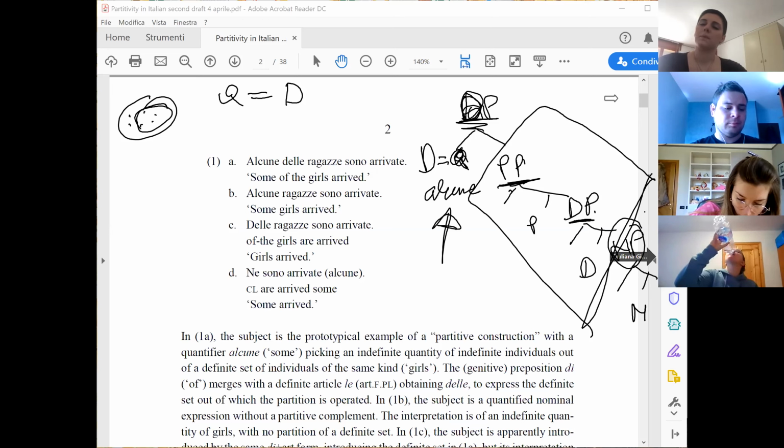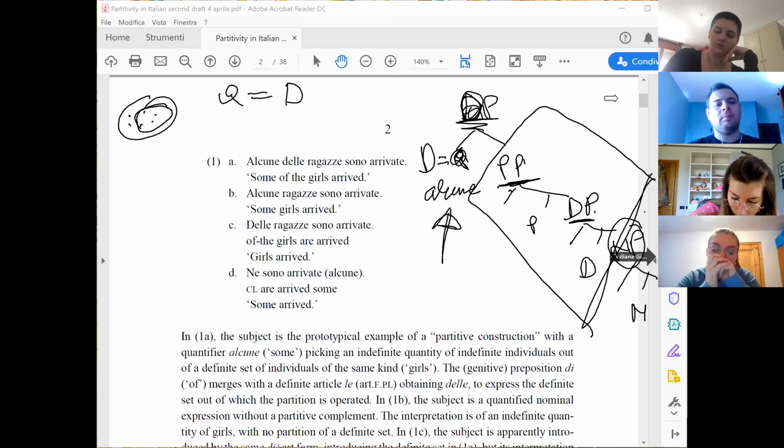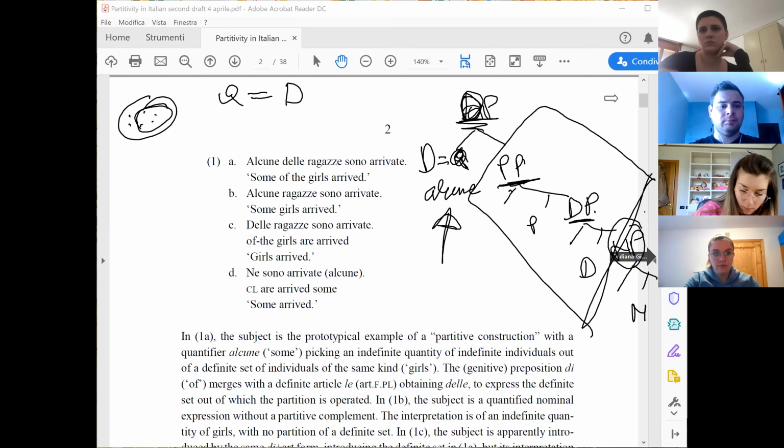And so in 1B, it seems that there is a simple structure with a determiner just taking the noun phrase, and this can be extended to 1A by just saying that the quantifier has its own independent referent, and that the PP is in the complement of the quantifier embedding a definite DP.